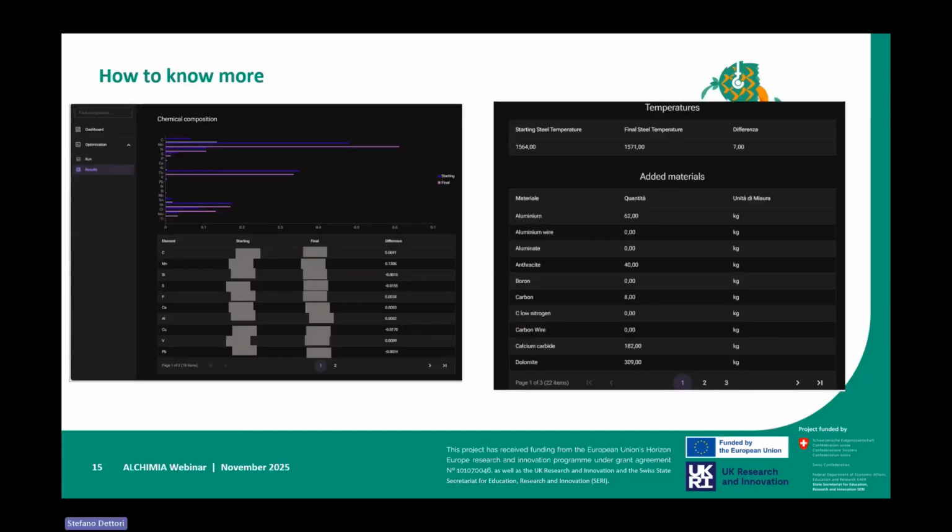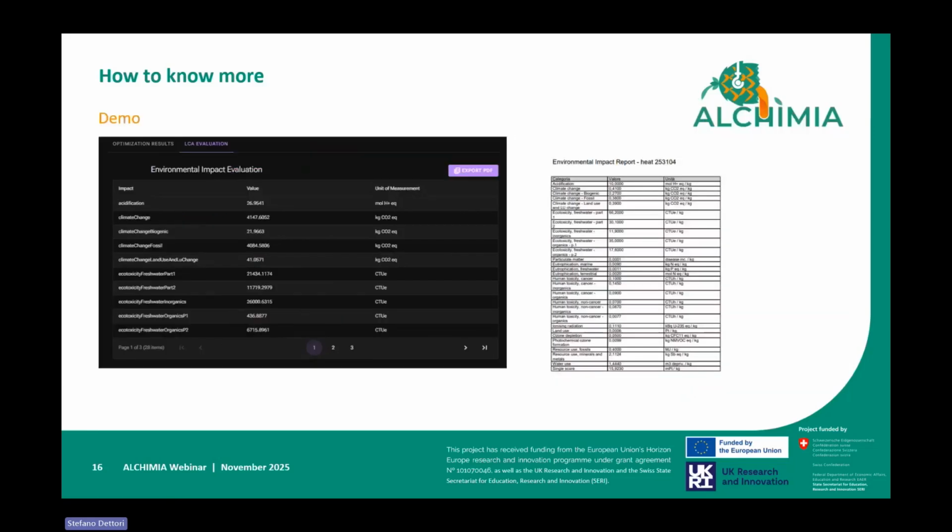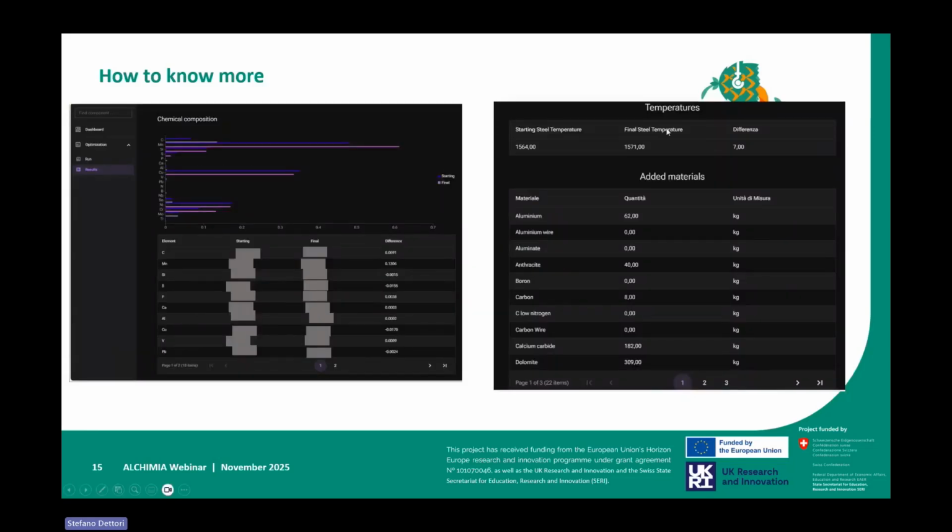They select the LCA impact categories that they would like to optimize. And at the end, they receive after 40 to 50 seconds a set, you can see on the right, a set of ferroalloys that should be added in the ladle to reach a certain final chemical composition of the molten steel, and a certain final steel temperature.